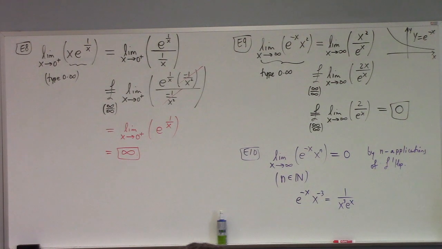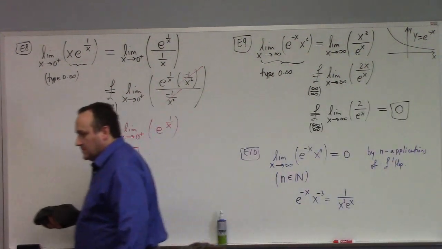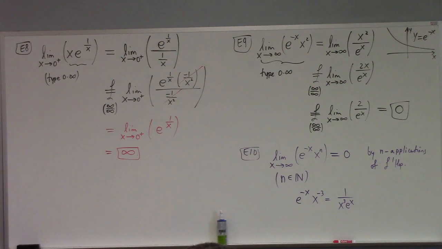It just grows way faster, eventually. And the limit as x goes to infinity is all about eventuality as opposed to what happens in the finite case. Here's another one.